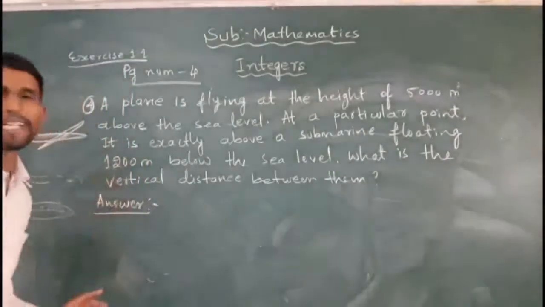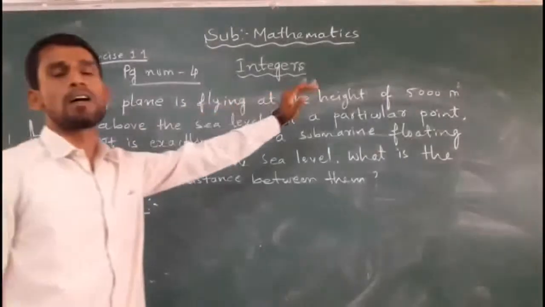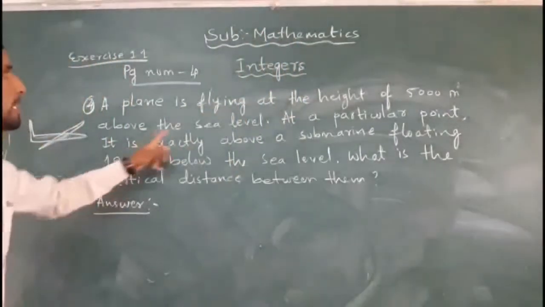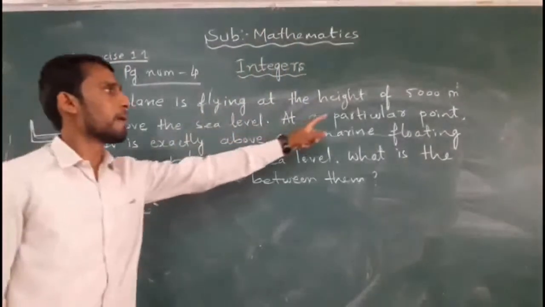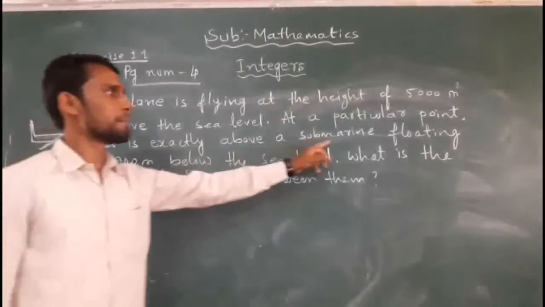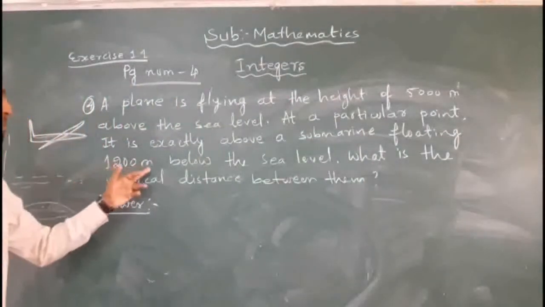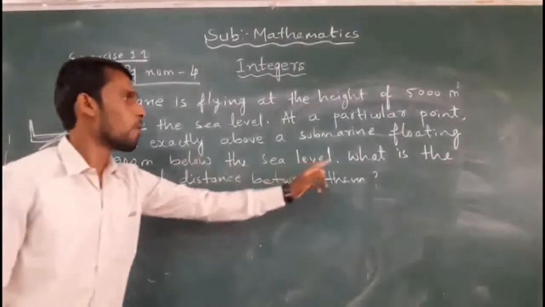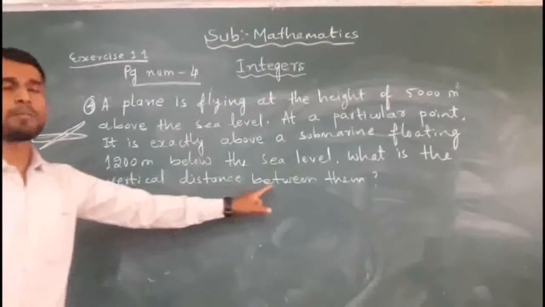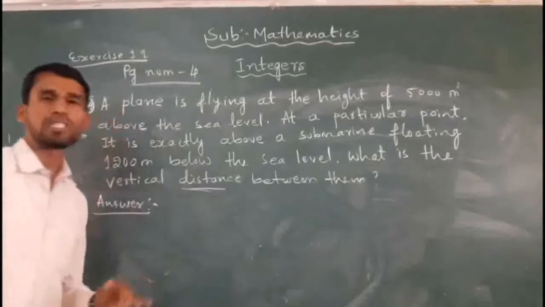See, I am taking the fourth one. A plane is flying at a height of 5,000 meters above the sea level. At a particular point, it is exactly above a submarine floating 1,200 meters below the sea level. What is the vertical distance between them? See, distance means we have to take it here as negative.